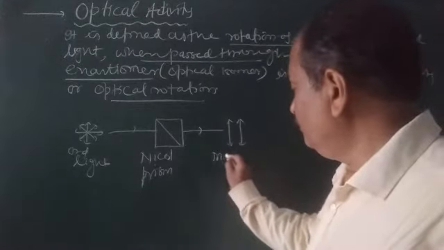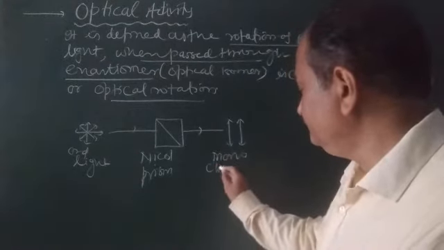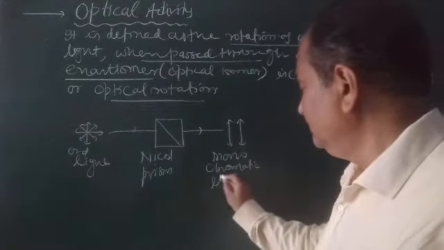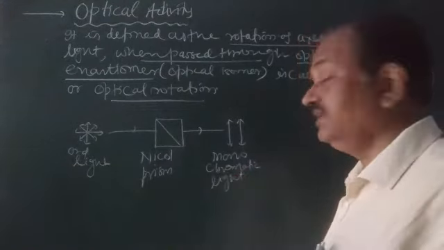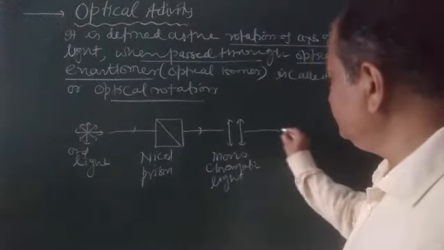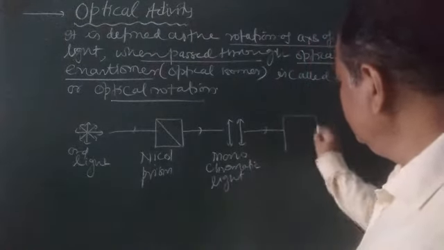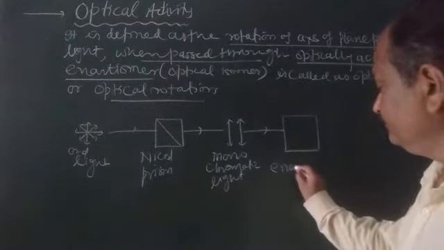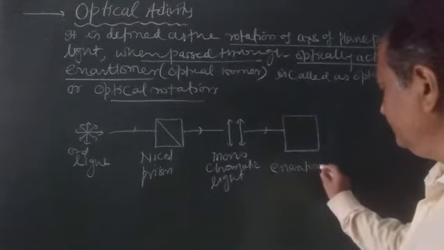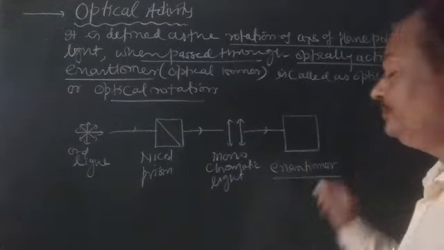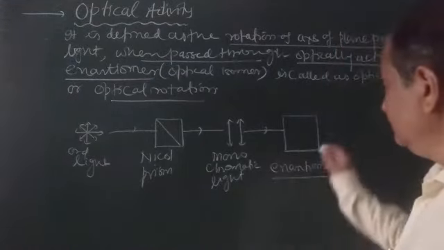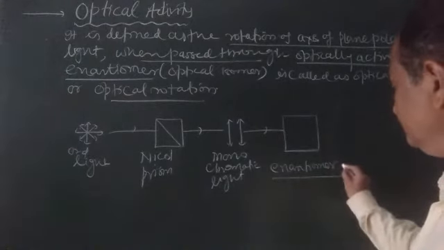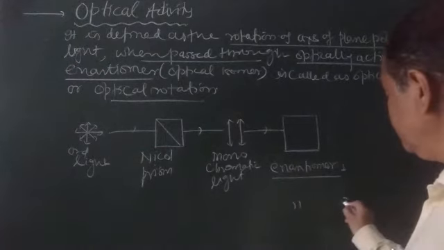So after that we have the photons or the quantas having this type of vibration. This is monochromatic light or monochromatic rays. When these monochromatic rays are passed through the vessel, here we have the enantiomer or optical isomer. So here there can be two conditions: enantiomer 1, enantiomer 2.